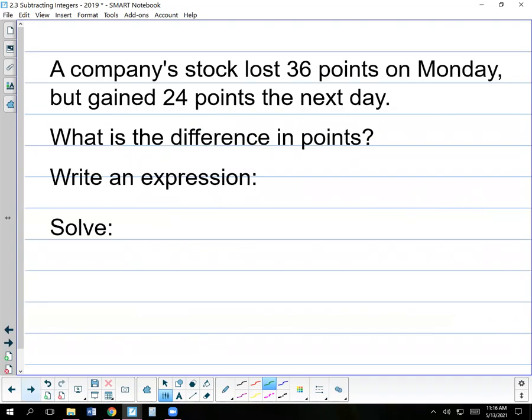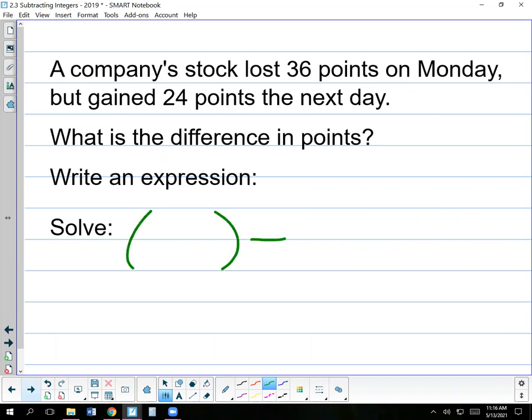Last but not least is these problems. Again, this is where you gotta pay attention. Look right here. The company stock lost 36 points on Monday, but gained 24 points on the next day. What is the difference in the points? Okay, what does difference mean to do? Subtract.